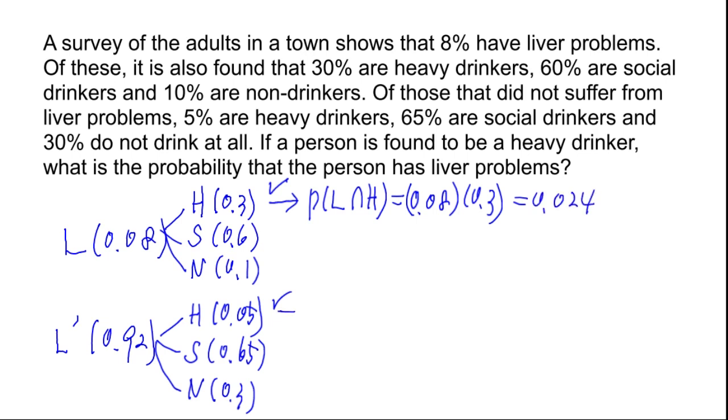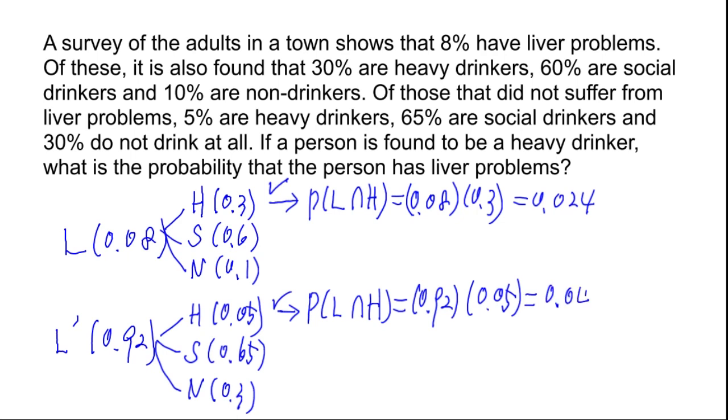And this one, probability of no liver problem and heavy drinker is 0.92 times 0.05, which is 0.046. Okay.